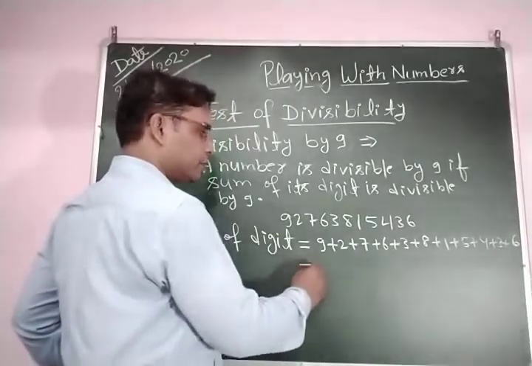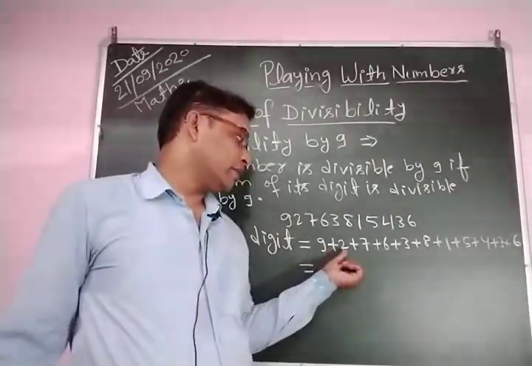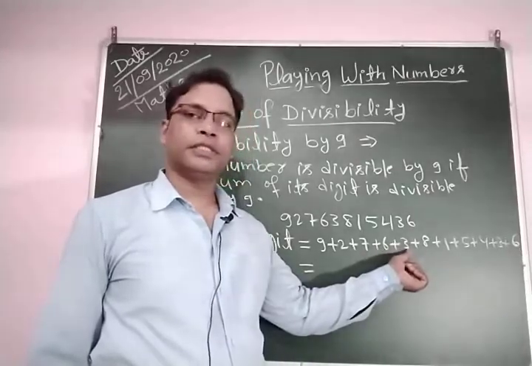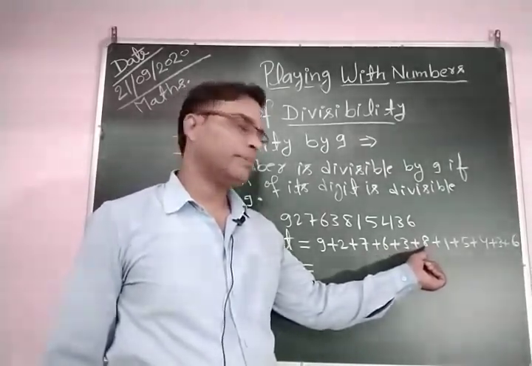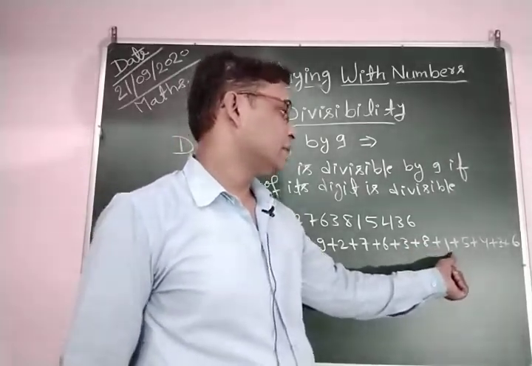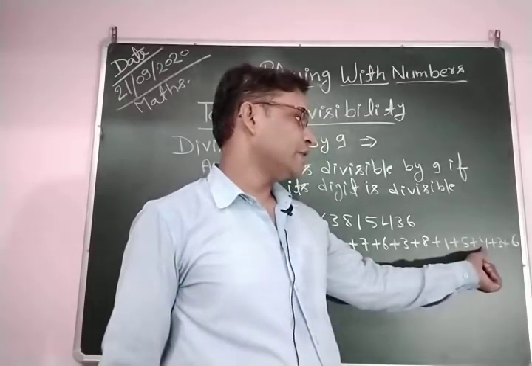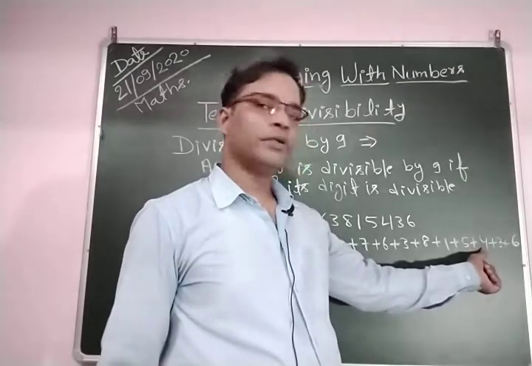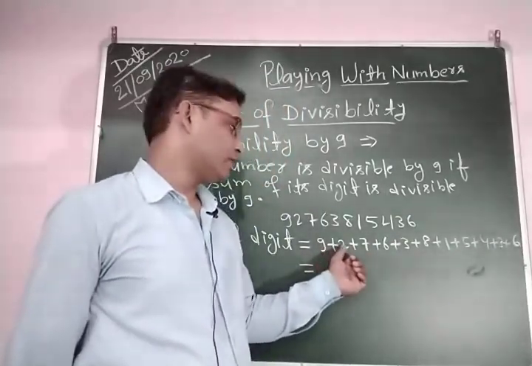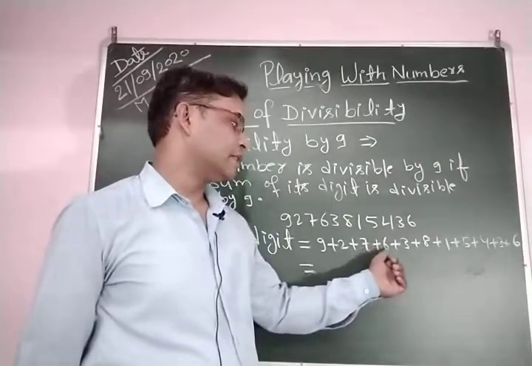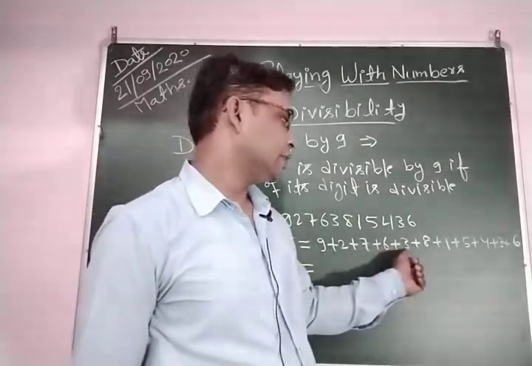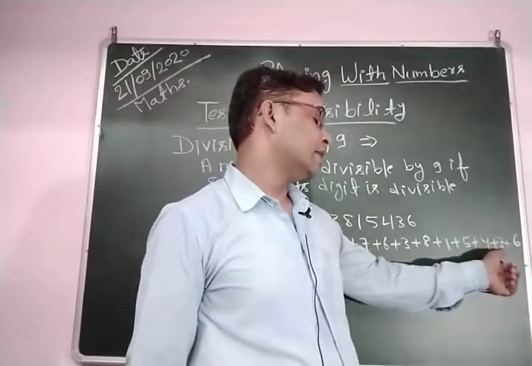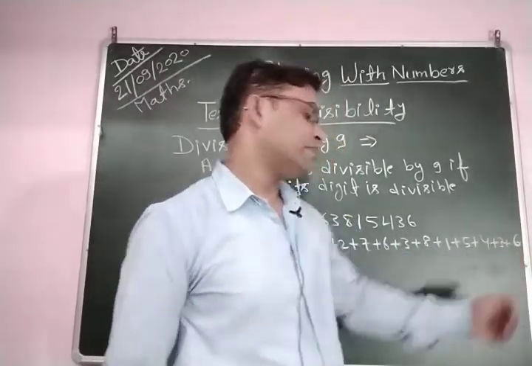Now this is equal to what? 9 plus 2 is 11, 11 plus 7 is 18, 18 plus 6 is 24, 24 plus 3 is 27, 27 plus 8 is 35, 35 plus 1 is 36, 36 plus 5 is 41, 41 plus 4 is 45, 45 plus 3 is 48, and 48 plus 6 is 54.